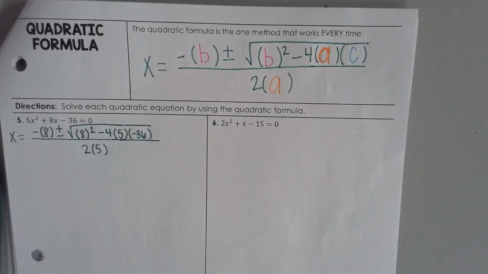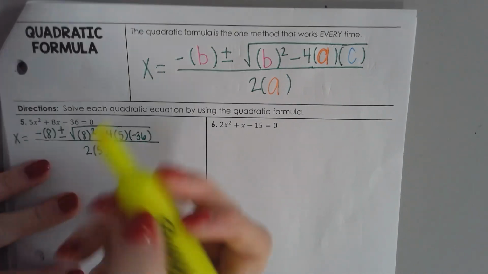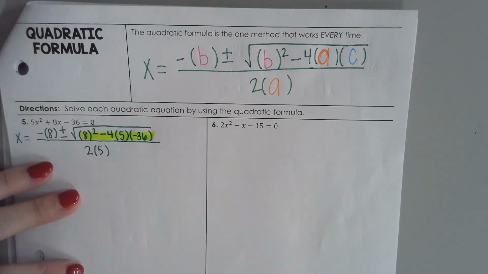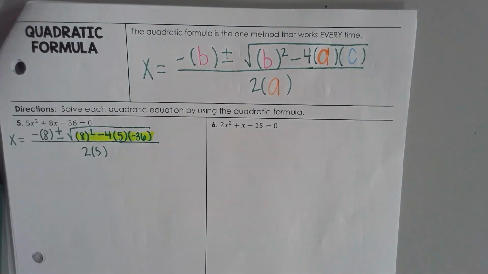What the plus or minus means is that we basically have to figure this out once with the plus sign and once with the minus sign. And that's going to give us our two separate x-intercepts. But before we do that, I first want you to find just this value under the square root. So basically the first step is to find the discriminant. Don't type in the square root button just yet. Just the numbers underneath.